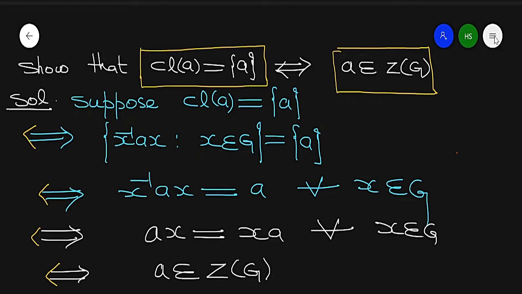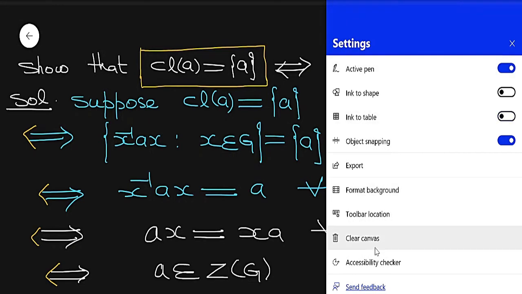Now the next remark: G is abelian if and only if the class of A consists of only the element A. First, G is an abelian group.